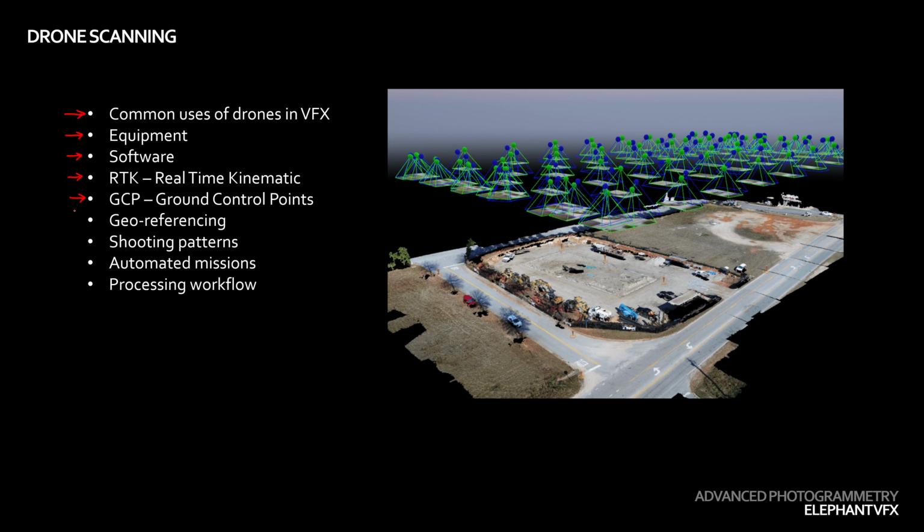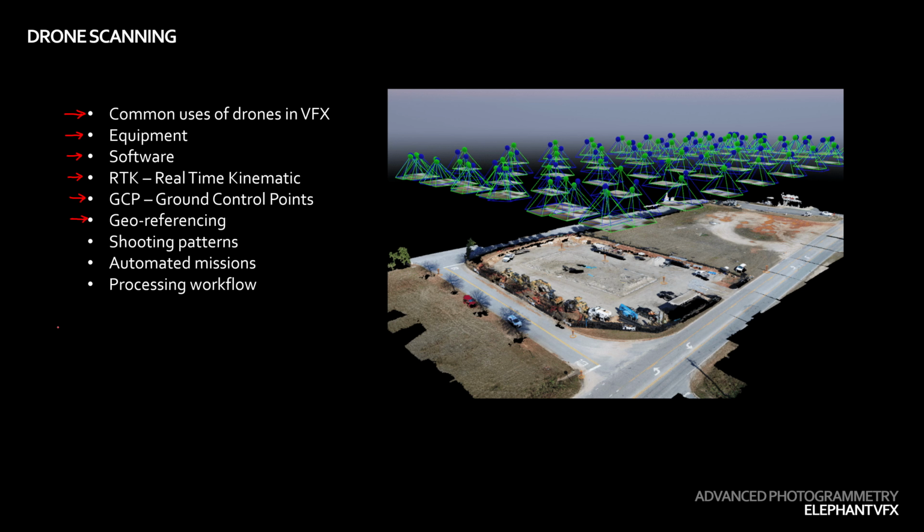I'm not going to show you how to set up ground control points, meaning I'm not going to be filming myself on set using them, because of the same reason that I just mentioned before. It requires extra hardware, and I cannot afford to rent that hardware for the Patreon. But I do have data that I scanned before, so I'm going to be able to show you the process. The only thing that I'm not going to be showing you is how to set up ground control points on set.